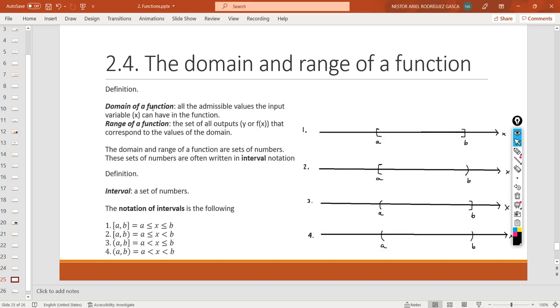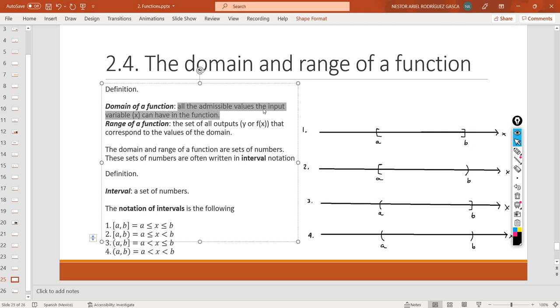Now some terminology. Let's define precisely the idea behind the domain of a function and the range of a function. Even though I told you that you should not worry about range so much at this point, I wanna specify the definition right away. So what is the domain of a function? It is the set of all the admissible values the input variable, that is x, can have in the function.